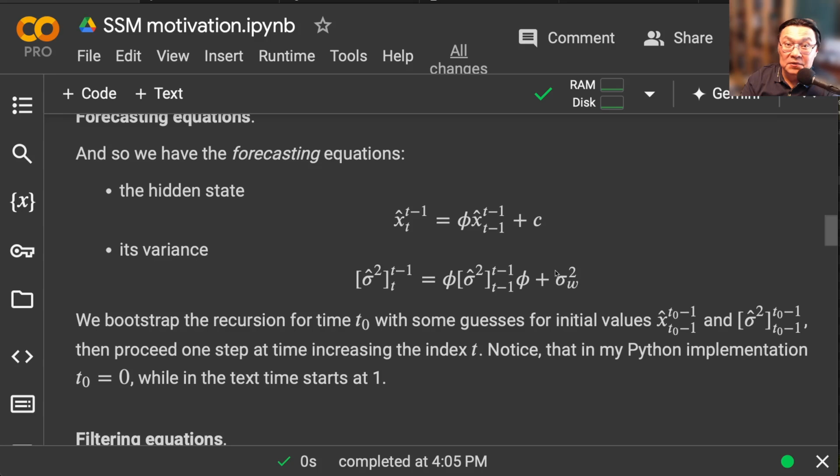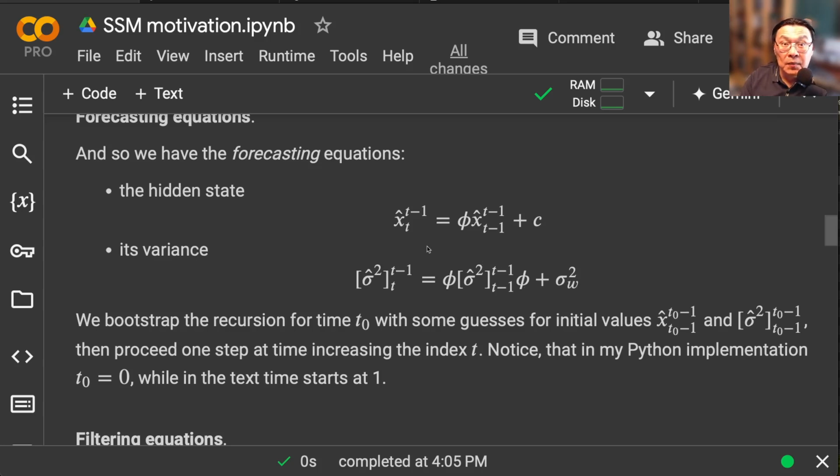Because the errors are independent, the variance of the x state is not correlated with the variance of the measurement. So we can add the variances, right? So the equation looks like this.